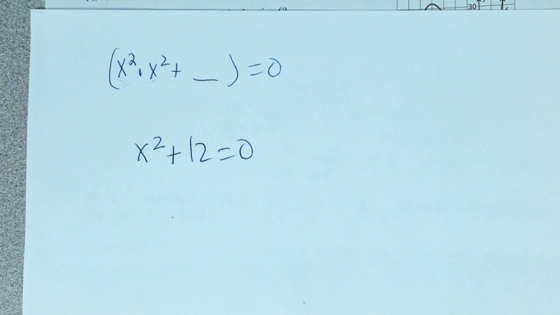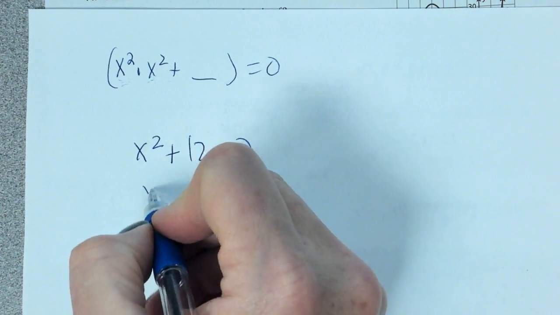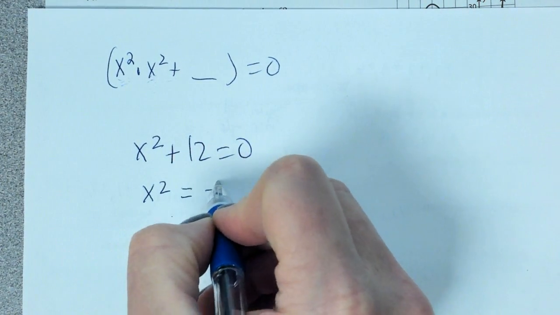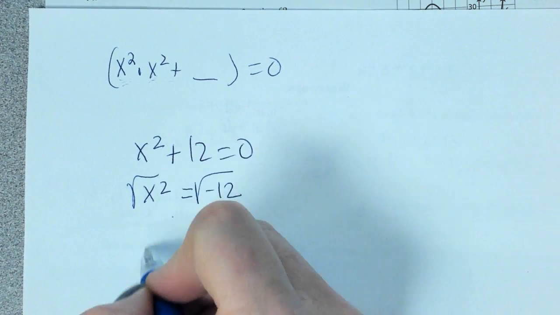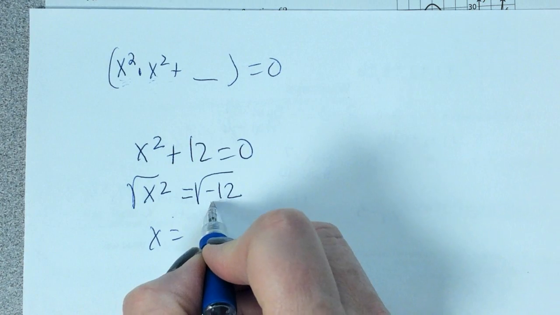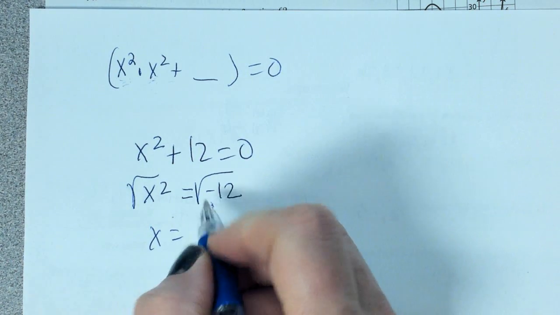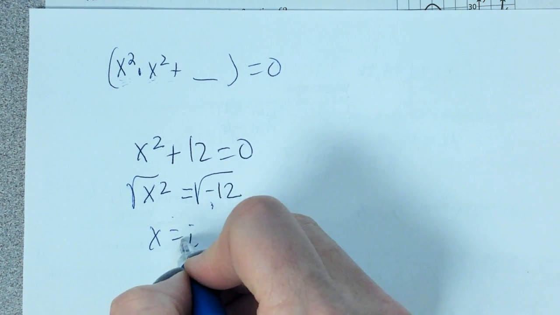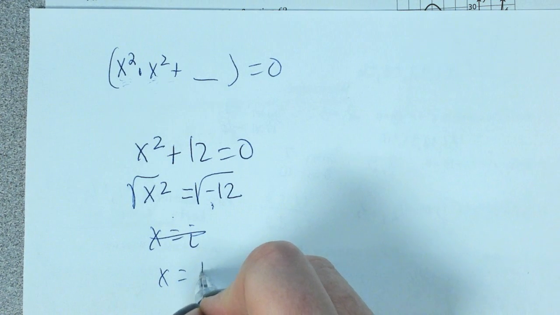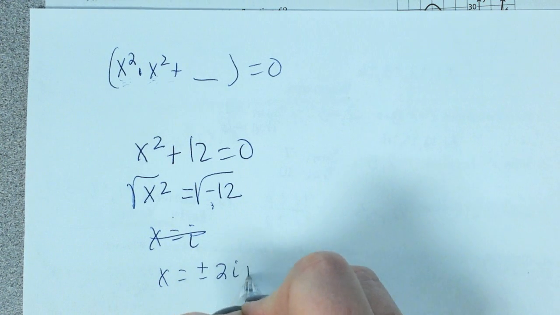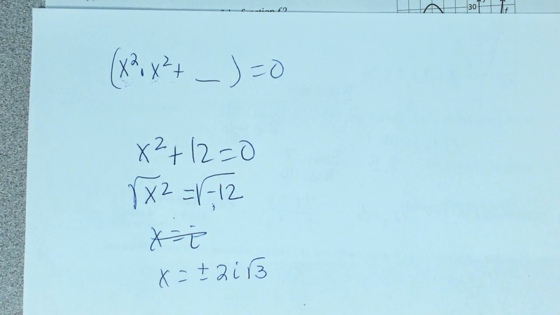That gives me 2 complex, or 2 imaginary, rather, solutions. Here's the reason why. We take this over, we take the square root. What do we do when we have a negative in the radical? i, right? So this would be actually x equals plus or minus 2i radical 3.